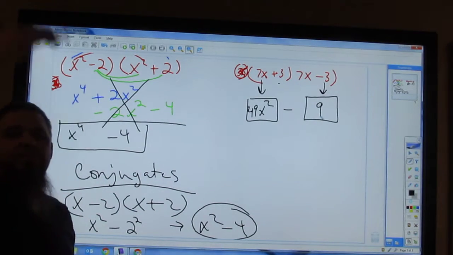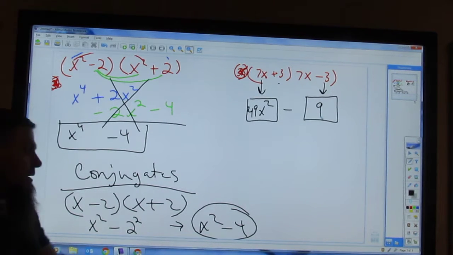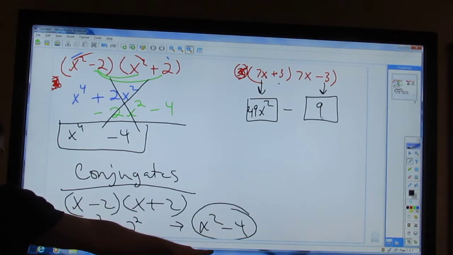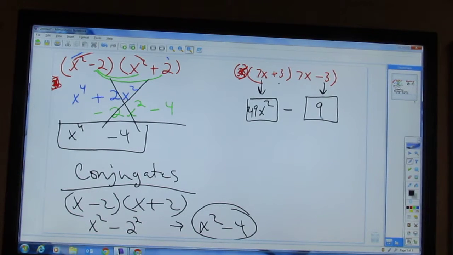Now you can do everybody on the block, paper or clamshell or distribution, whatever you want to call it, or you can learn some tricks. These are called special binomials, okay? And these ones are special binomials that end up with special trinomials.